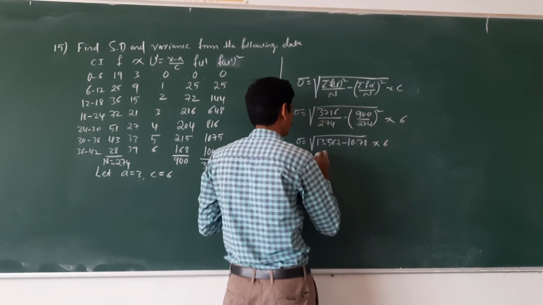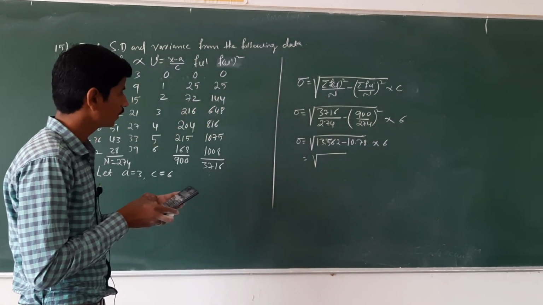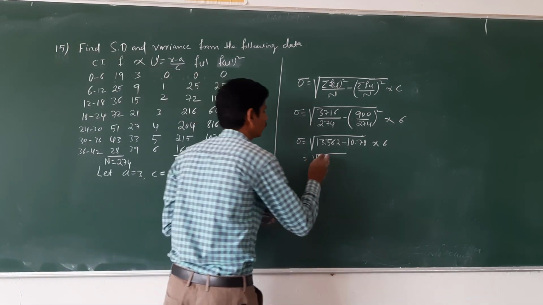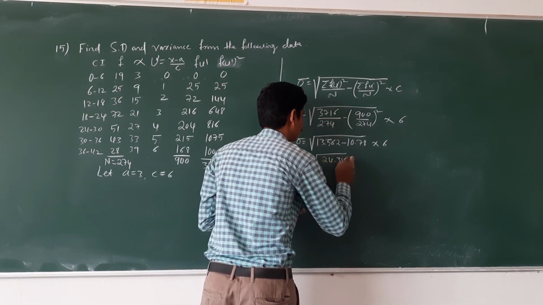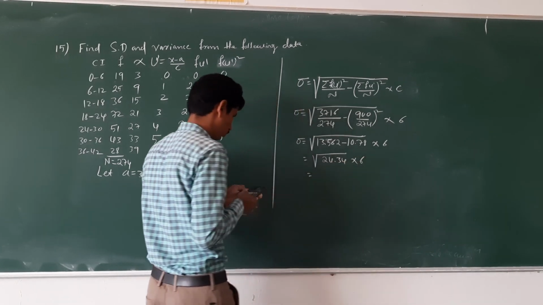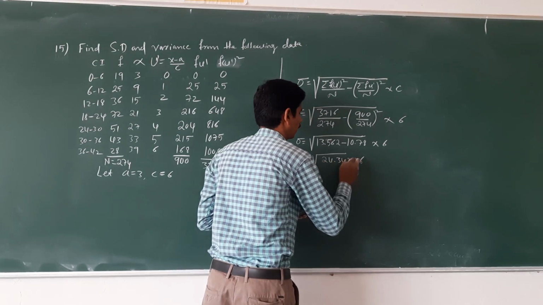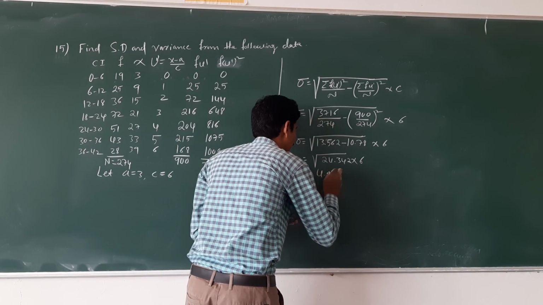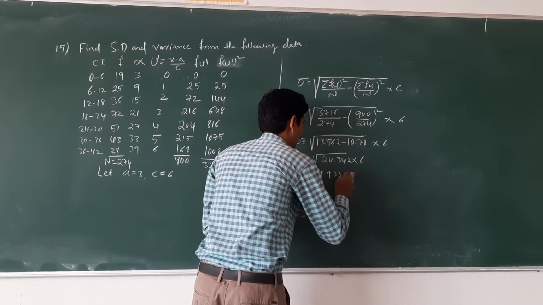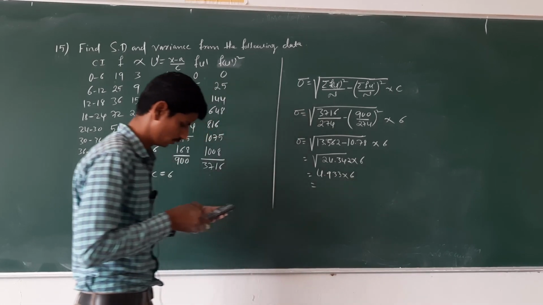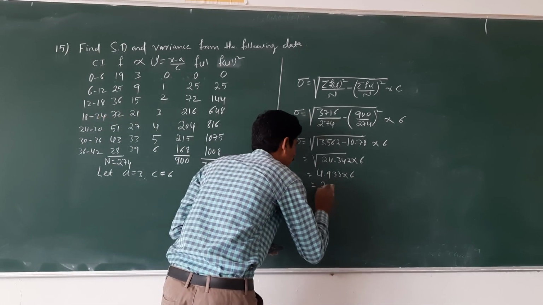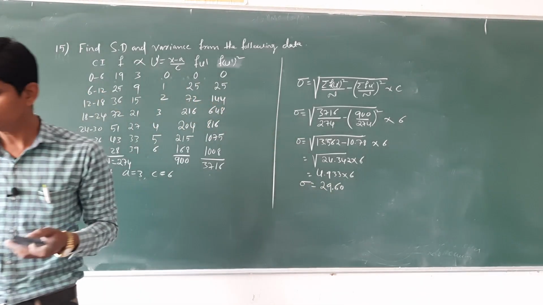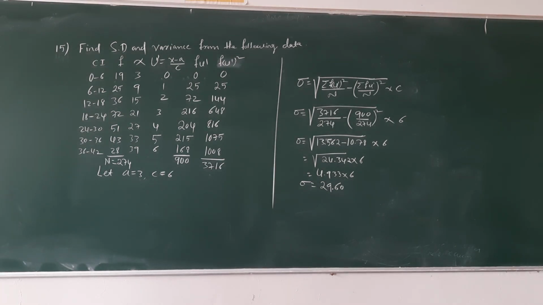Under root of 13.56 plus 10.78 is 24.34, into 6. Under root of 24.34 is 4.93. 4.93 into 6, then you will get 29.60. 29.60 is the sigma value. Here sigma equal to 29.60.